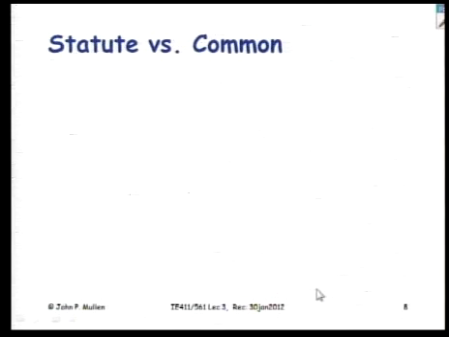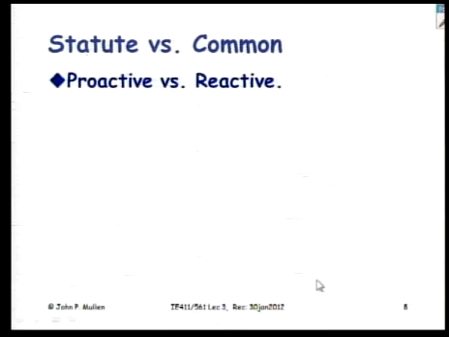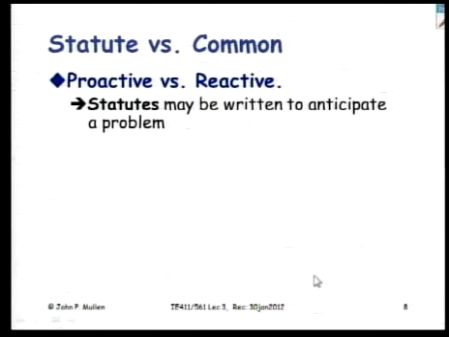Now, if we compare statute and common law, we're looking at proactive versus reactive, sort of. Statutes may be written to anticipate a problem. Often they're not. Something happens and we see a new law. But there's nothing to prevent someone from writing a law to prevent something that hasn't happened yet.